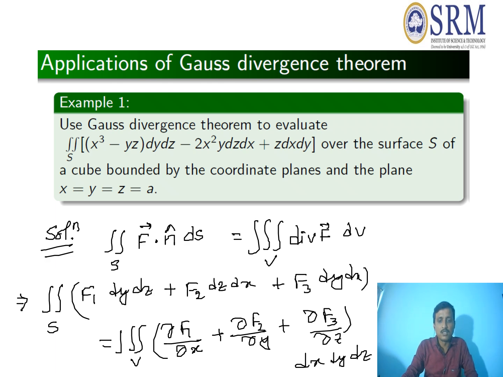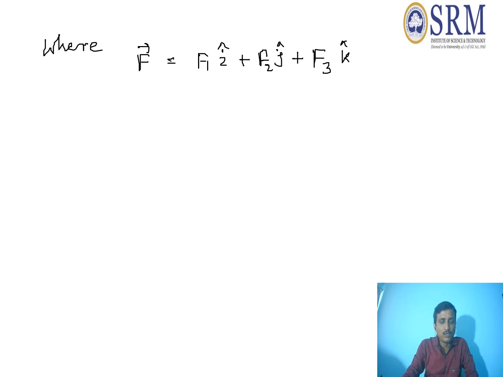So what is F basically? F is equal to F1 i plus F2 j plus F3 k. Now by using this, we are going to evaluate it.